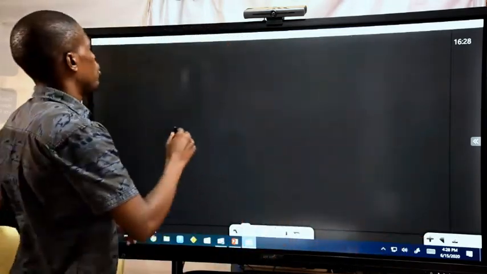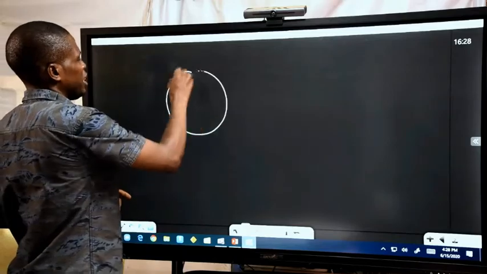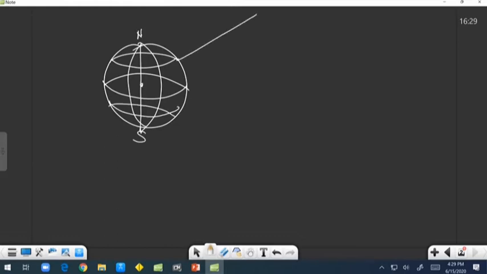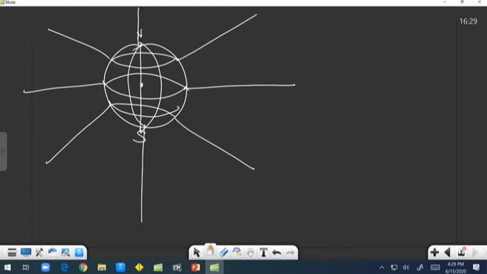So when you consider the Earth, we talk about the polar axis, North Pole and South Pole, and the equator. We have the lines around it. We have what we call the latitude and the longitude. So the Earth at the center, there are fluxes or gravitational field lines that act towards the center of the Earth.